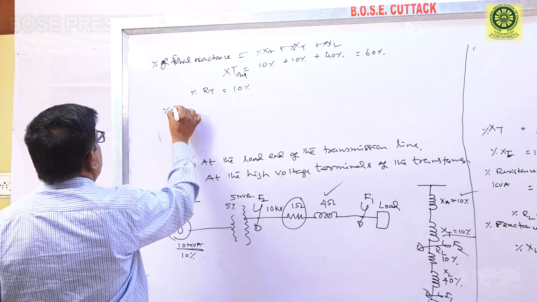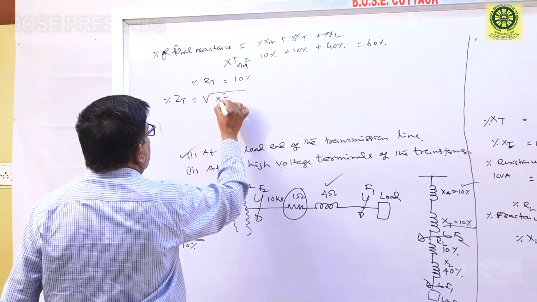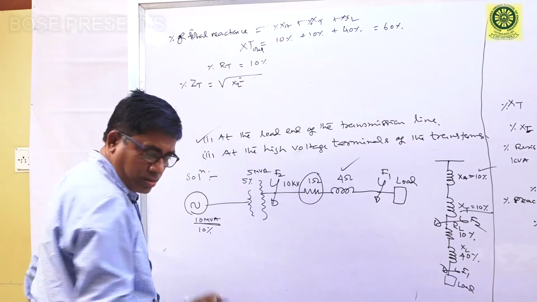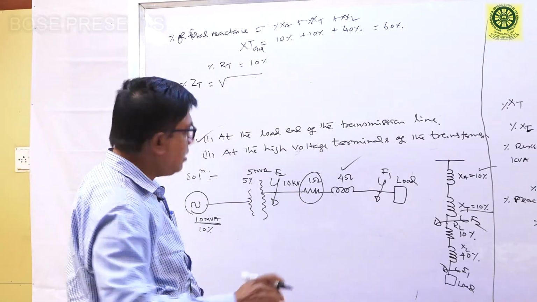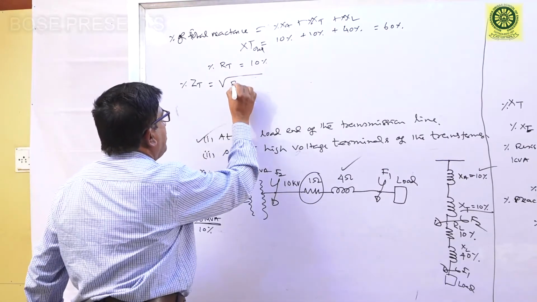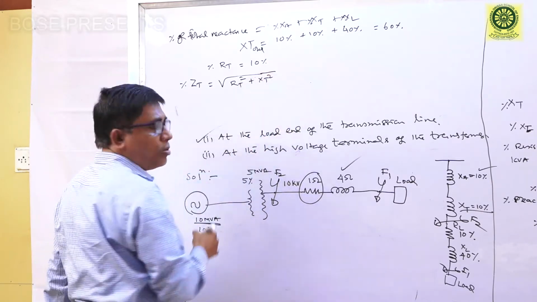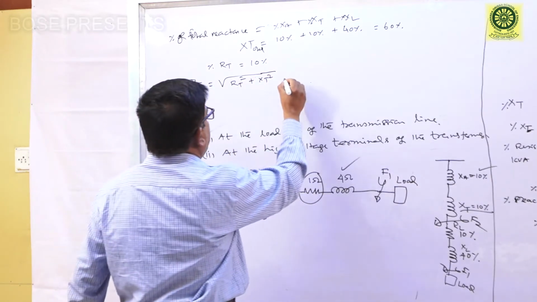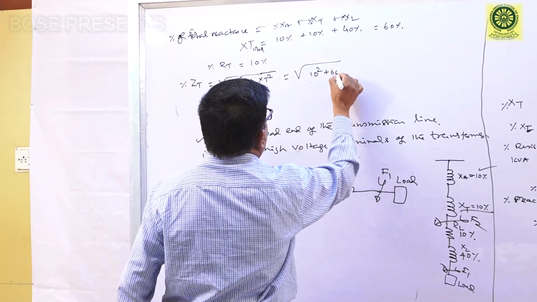The percentage total impedance, very common formula: root of Rt square plus Xt square. You put the value: 10 square plus 60 square.